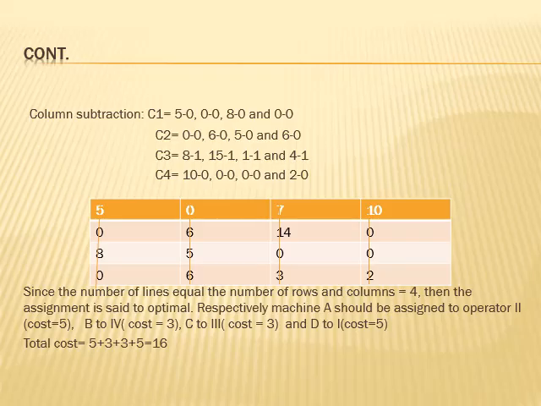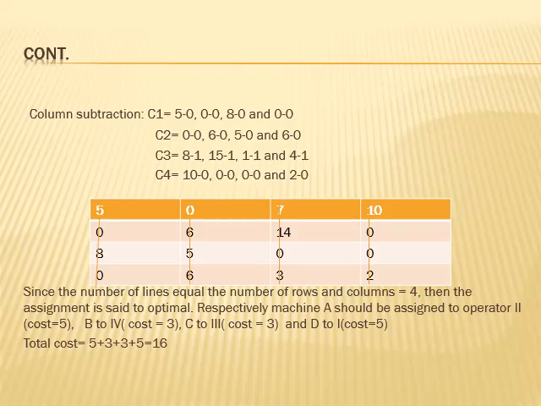For example, referring to the previous matrix, the least cost is 0. So if we subtract 0 from the remaining costs, the column remains as it is.